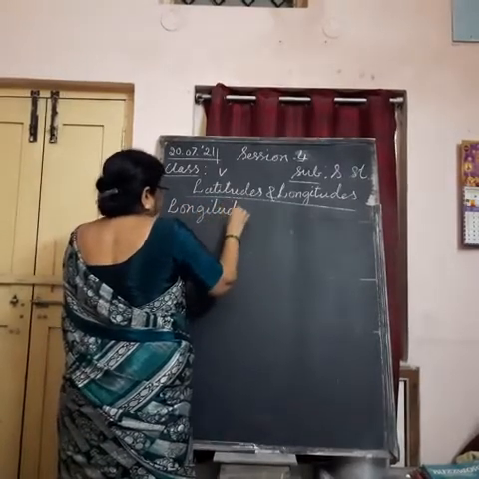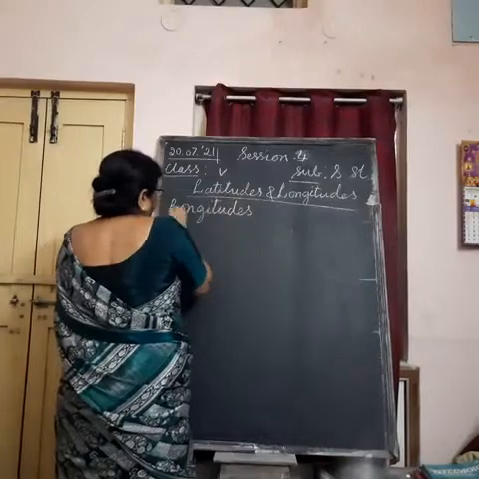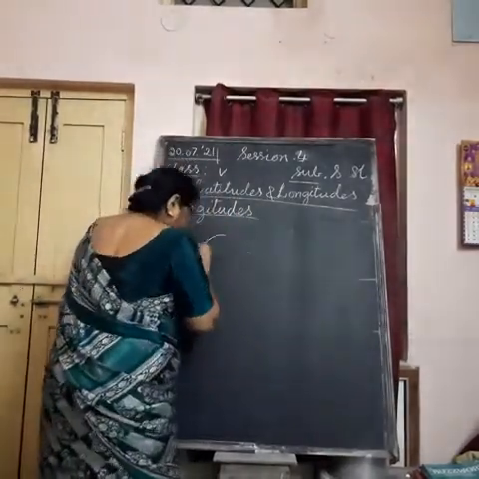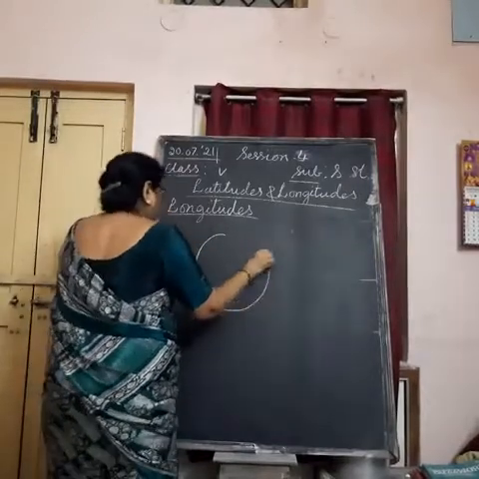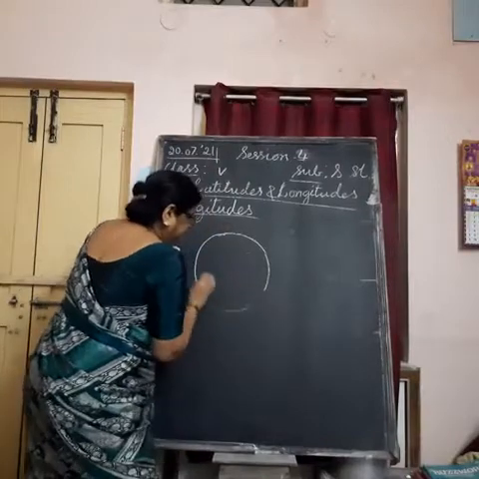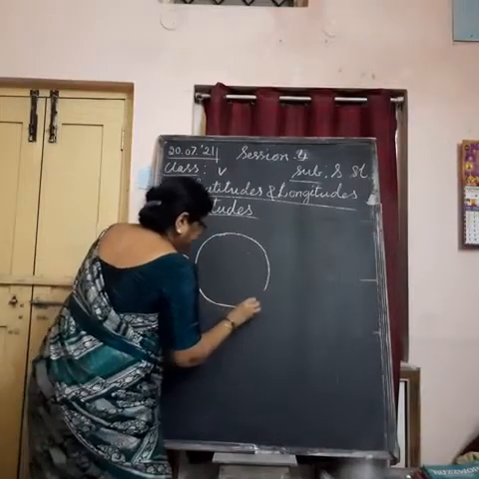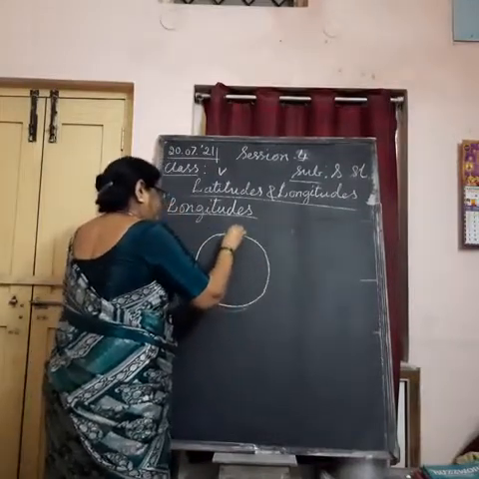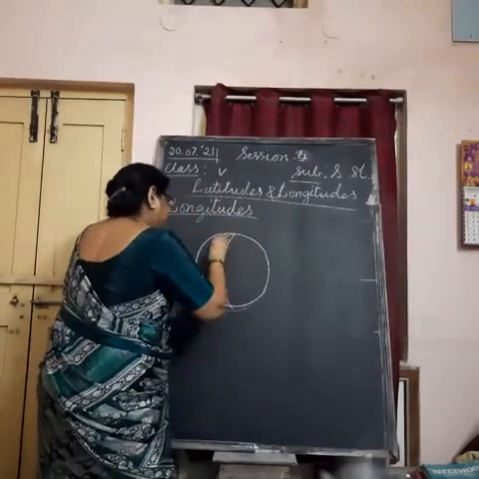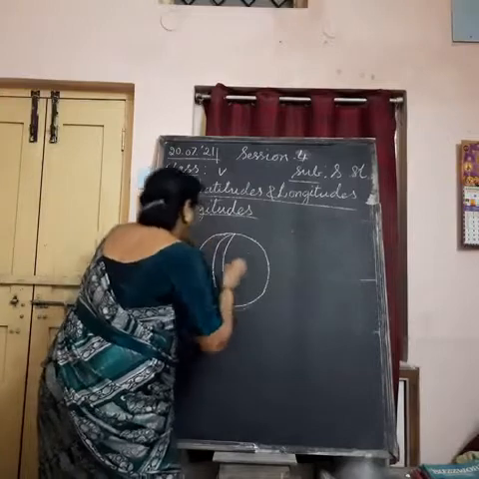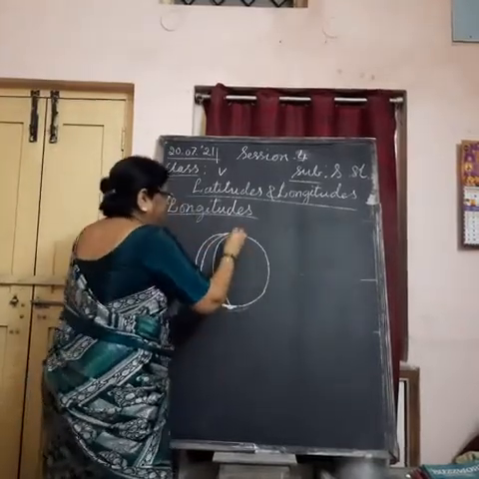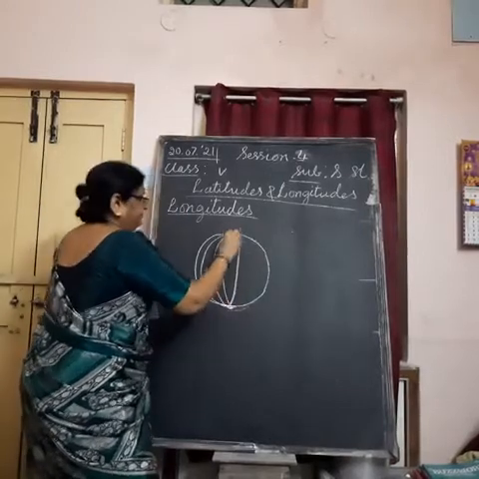If you observe any map or a globe, you can see, suppose this is the earth or a globe, a rough sketch. Here like this, from north pole to south pole, semicircles are drawn throughout the earth, and they join at the same point.